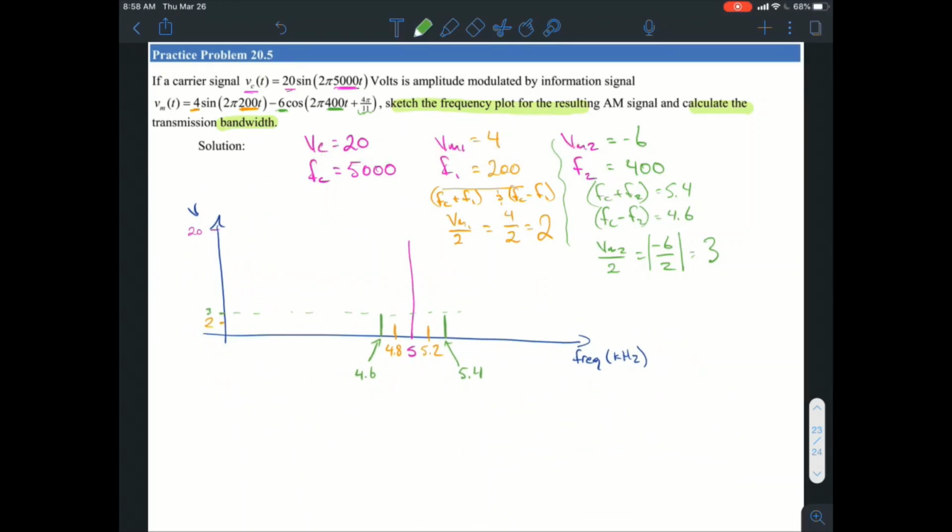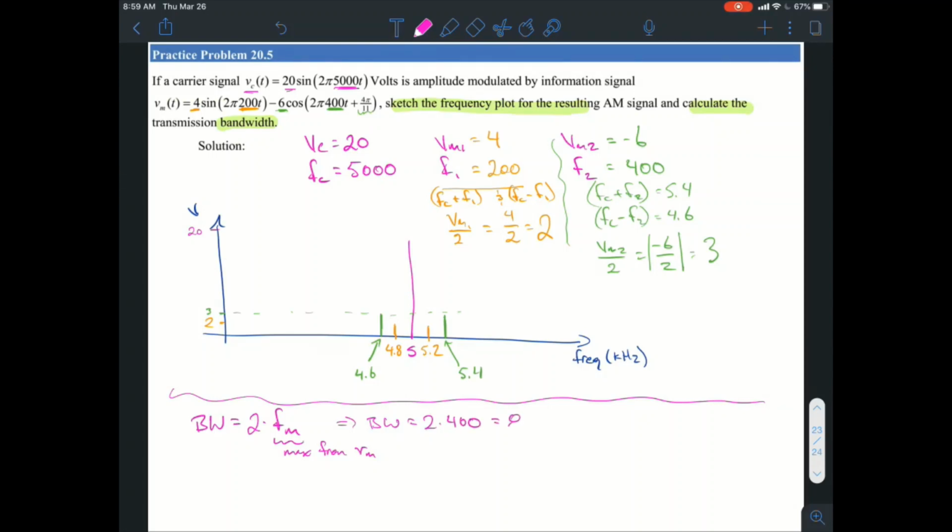So now that we're calculating that bandwidth, our bandwidth is 2 times f sub m, but we have to remember this is our maximum from Vm, and in that case bandwidth equals 2 times 400, because this was our maximum frequency, which gives us 800 hertz.